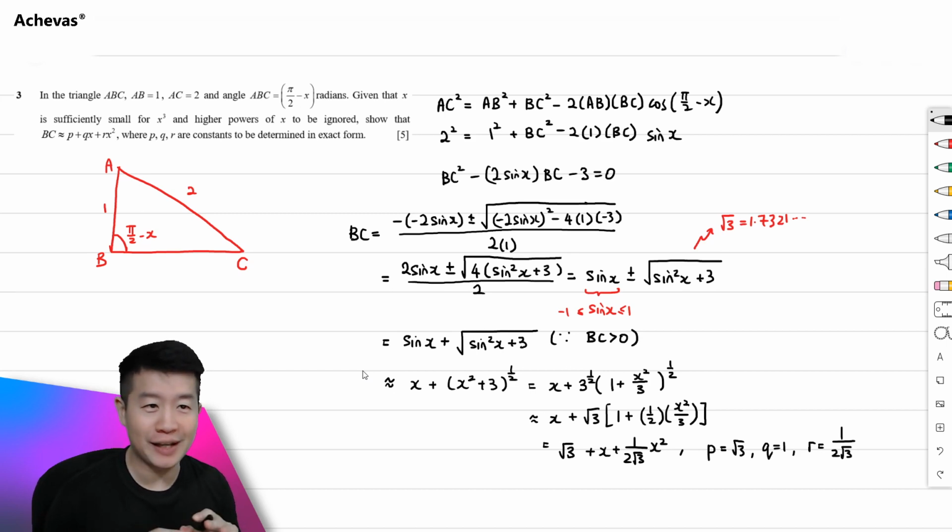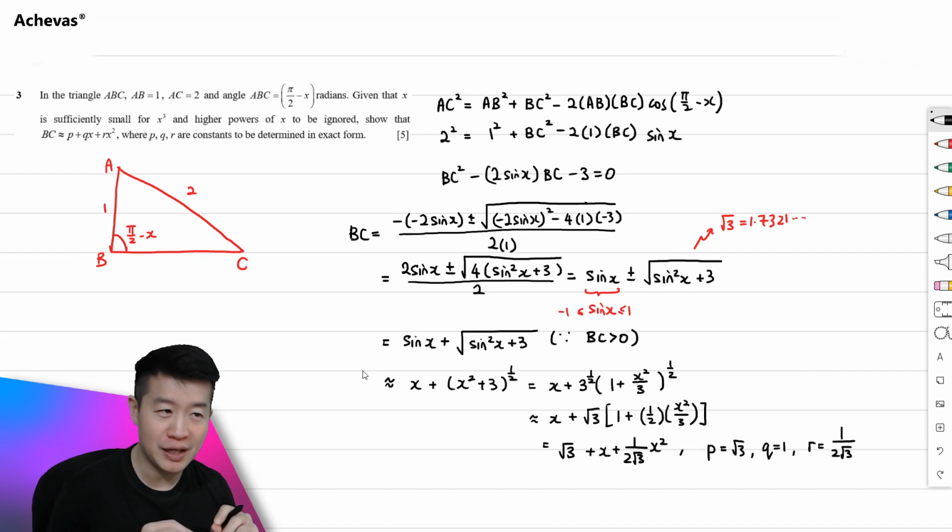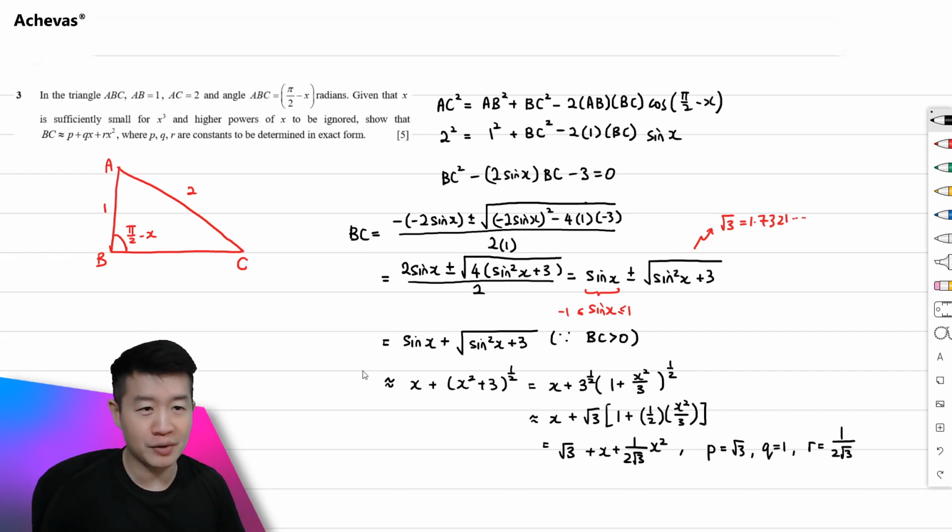Okay, and the questions start to get a little bit more difficult. A little bit more difficult than question number 1 and 2, and they started scaling it up a little bit, to 3, and then a little bit more to question number 4. So let's take a look at question number 4 together.